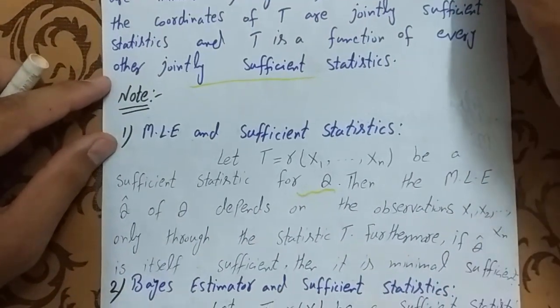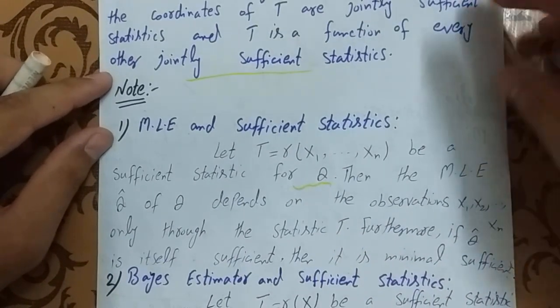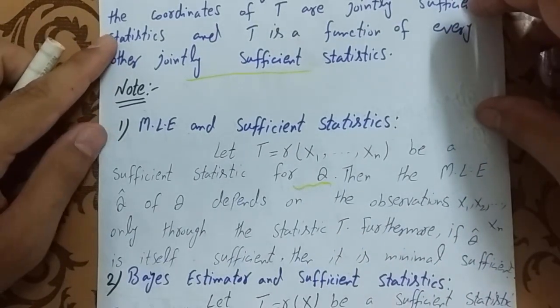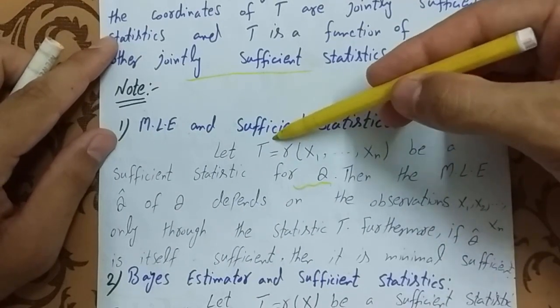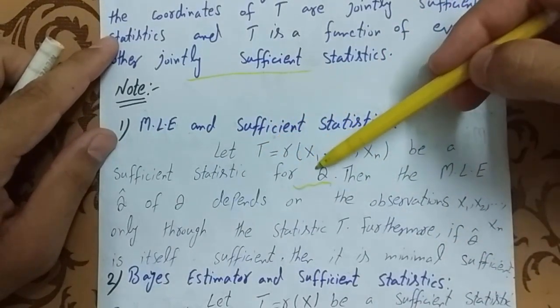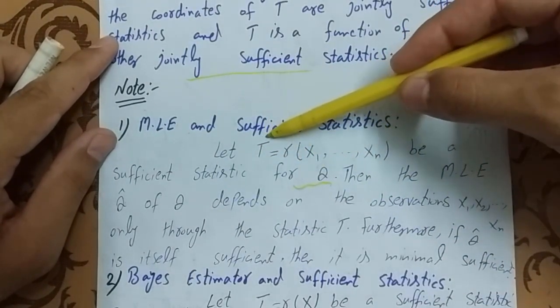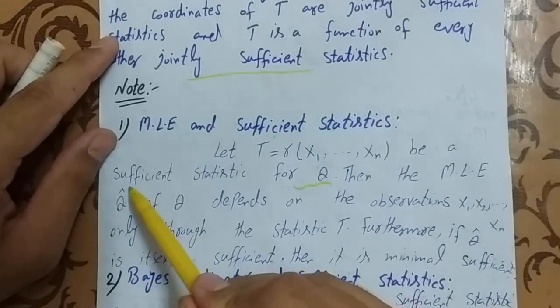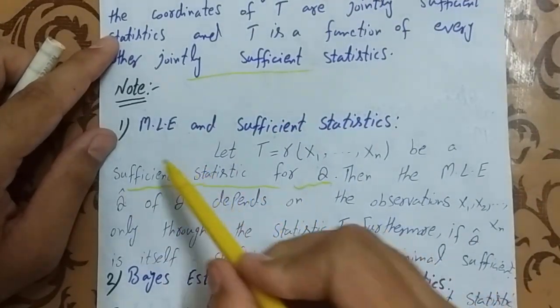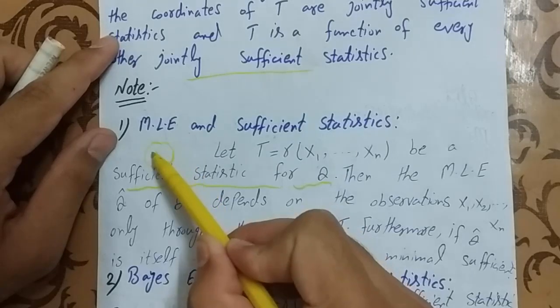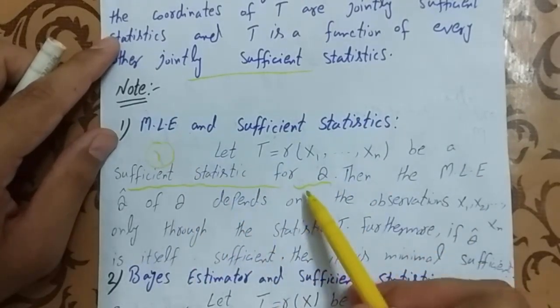Dear students, we check only two things. First of all, T is a sufficient statistic for theta.